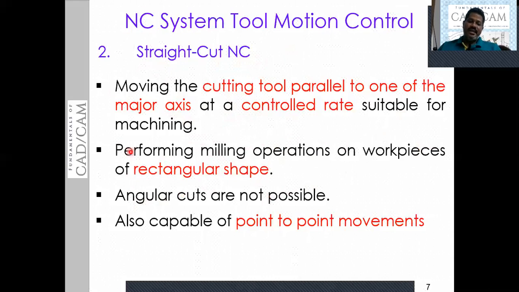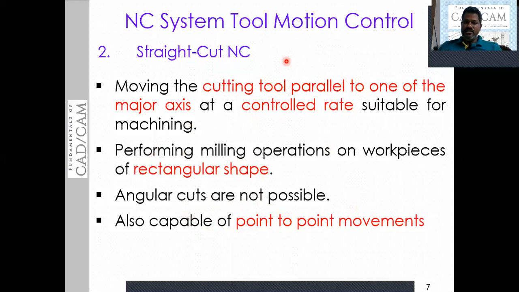So this type of tool motion control is used for cutting the horizontal plane or the vertical plane on rectangular blocks. In this case also, angular cuts are not possible. This is also one disadvantage of straight cut NC.